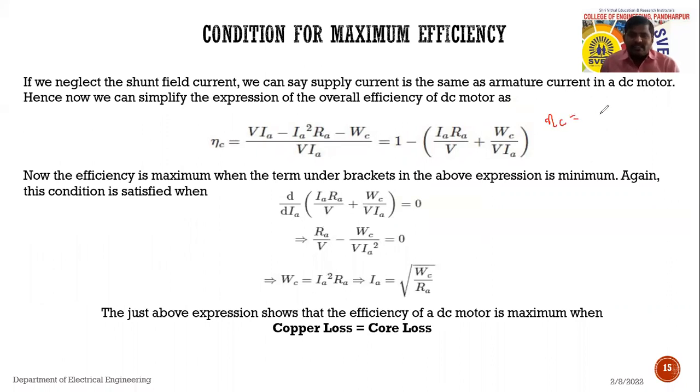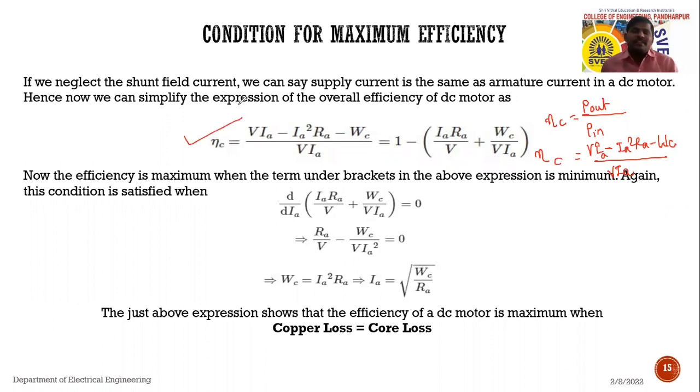Eta C is equal to P out, the actual output power, divided by P in. So efficiency C is equal to input power minus IA square RA minus constant losses WC, divided by V into I. Okay, this is the equation for commercial efficiency.